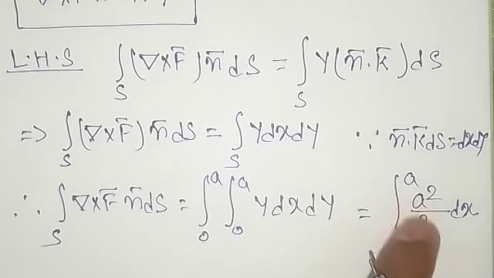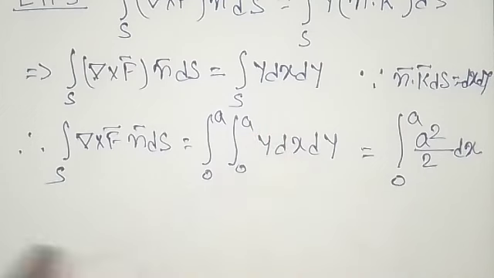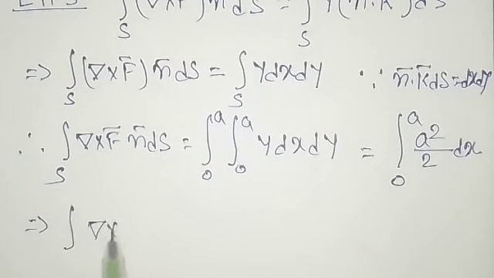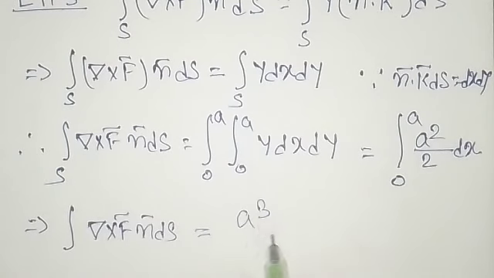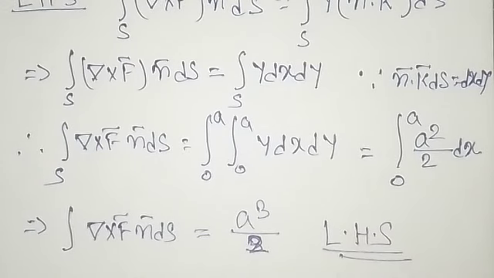So a into a²/2 is nothing but a³/3. So on simplification, you can write that curl of f into n ds is equal to a³/3, sorry, a³/2. This is your LHS, this is your LHS, right?